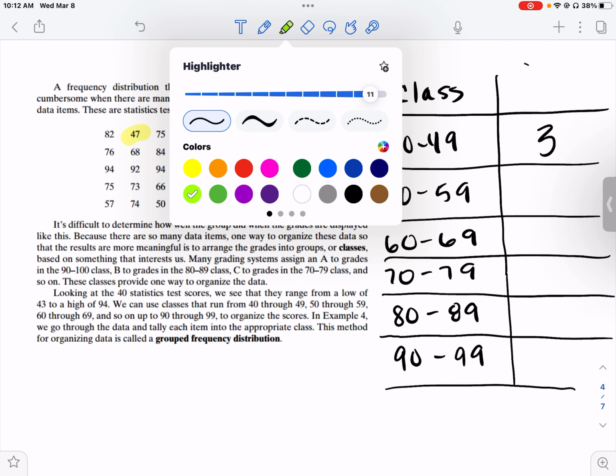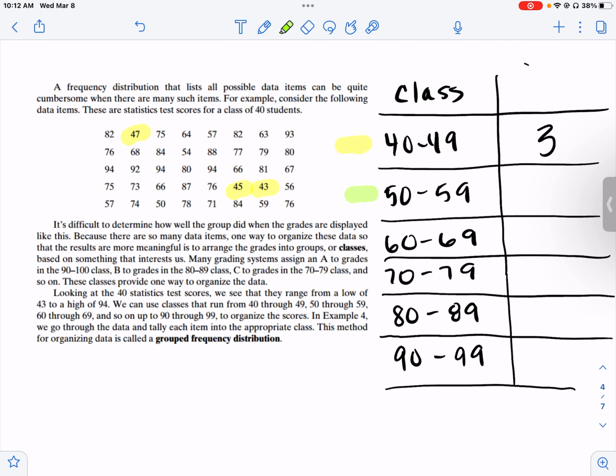Let's use this light green. I'm looking at the first row, so there's 1, 2, 3, 4, 5, 6. So there's 6 there.